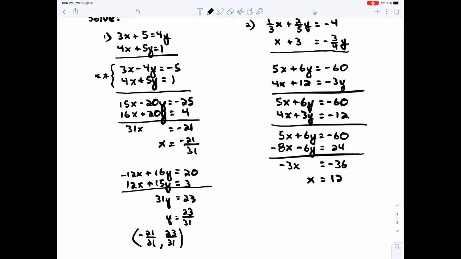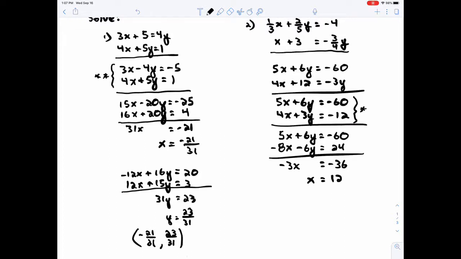Technically we should plug it into one of the original 2 equations, but I don't mind if you plug it into one of these 2 right here, once we simplified it. So again, technically we should do one of the originals, but if you use one of those, that's fine. So I think I'll use the 4x plus 3y equals negative 12.